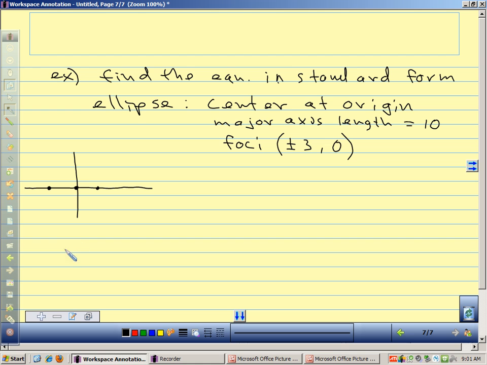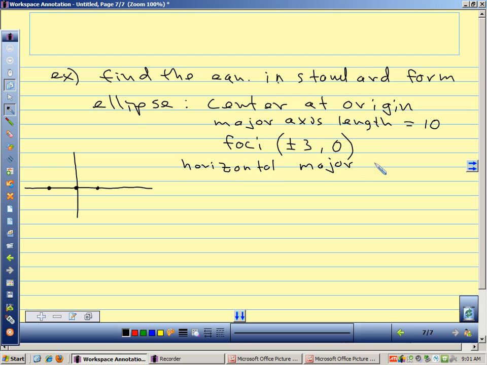So what do we know right away? What direction is my major axis? Horizontal. So I have a horizontal major axis. I know that right away. My major axis is length 10. So what is A?